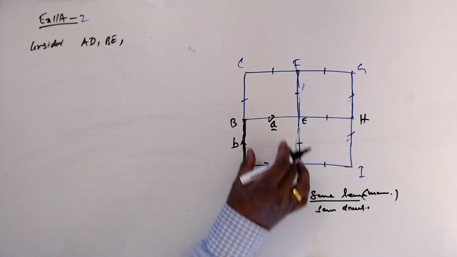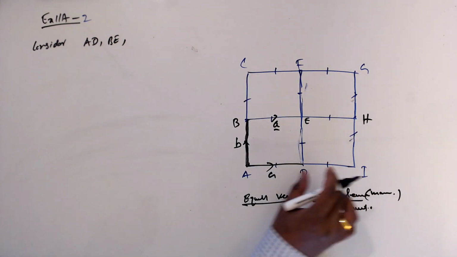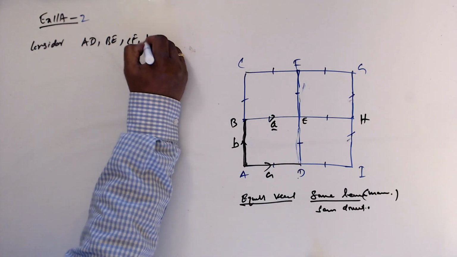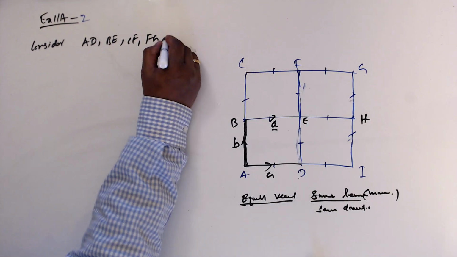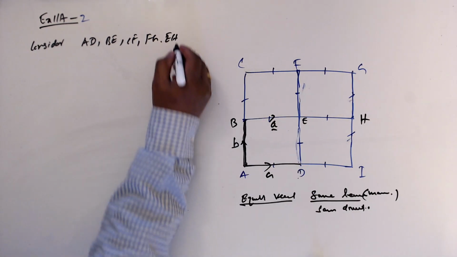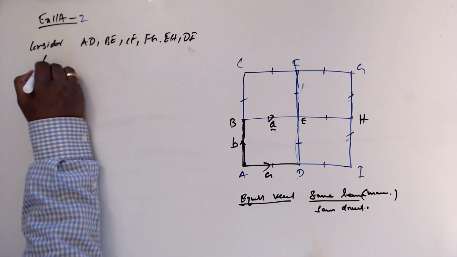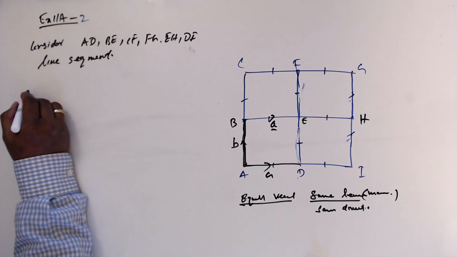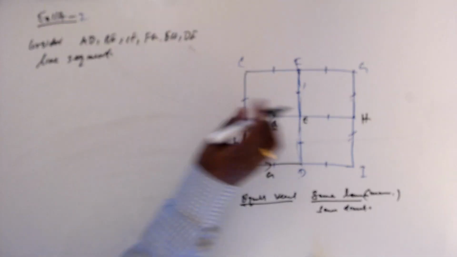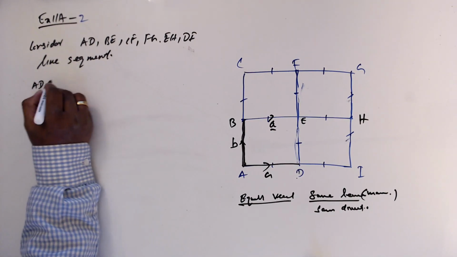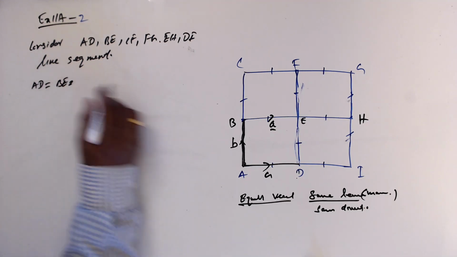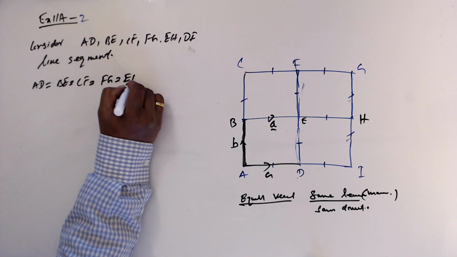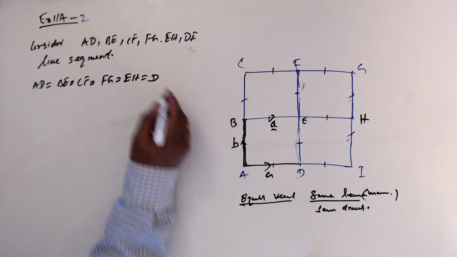I'm going to write all the A's. I can see these all are A's: AD, BE, CF, FG, EH, DI line segments. Now we can say that these all are equal. AD equals BE equals CF equals FG equals EH equals DI.